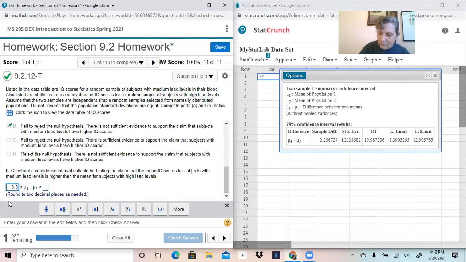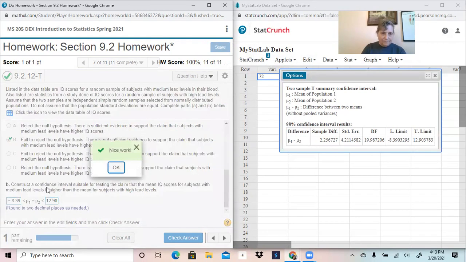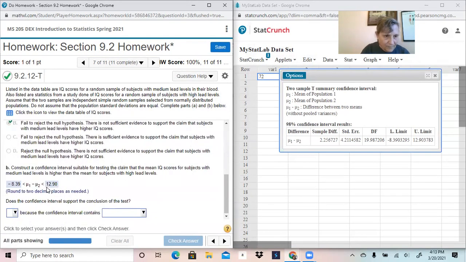Left out my decimal. Upper limit 12.90. Does it support the previous conclusion? Yes, because the confidence interval contains 0, which means that the difference between the two means is nothing, 0.